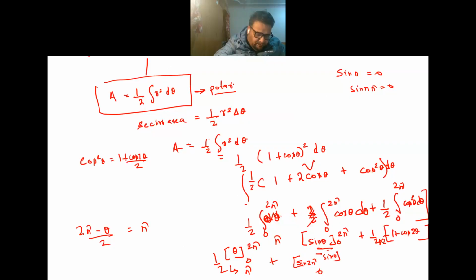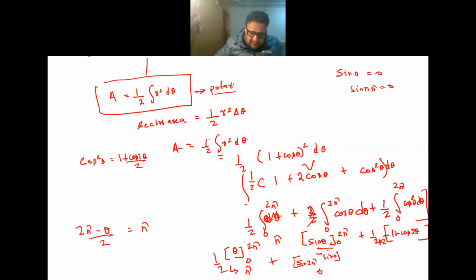So pi we have taken, right? And the third term is equal to your pi. So pi plus pi. The first term was 0 to 2 pi d theta, so that was equal to your 2 pi.